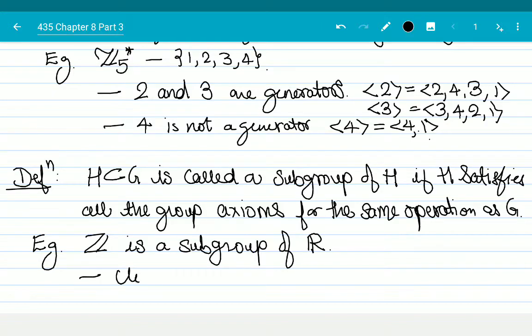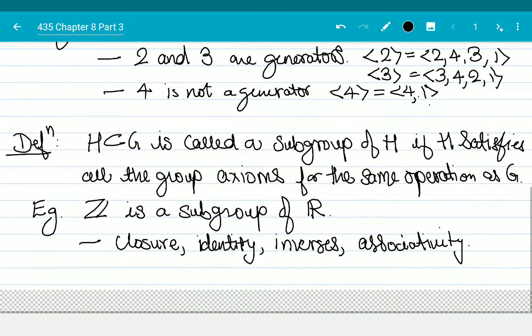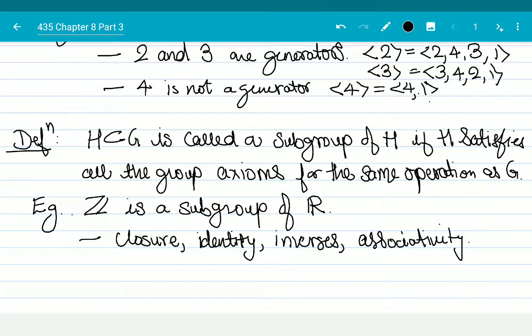Integers are closed, closure, existence of identity, inverses, and associativity. Right? That's one.